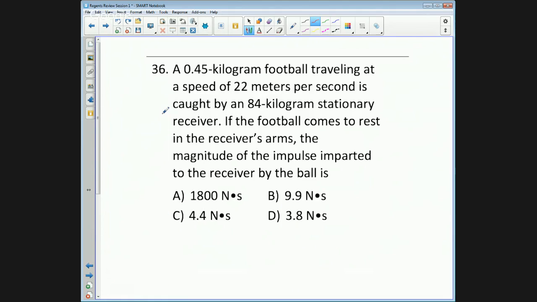Number 36, a 0.45 kilogram football traveling at a speed of 22 meters per second is caught by an 84 kilogram stationary receiver.